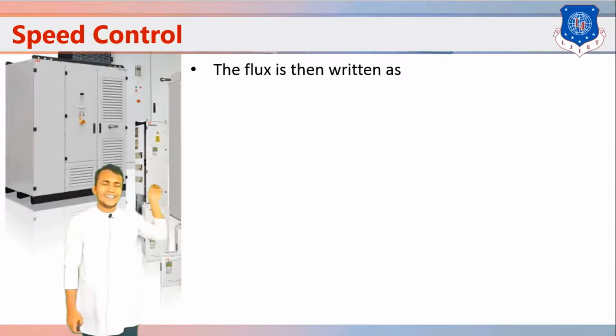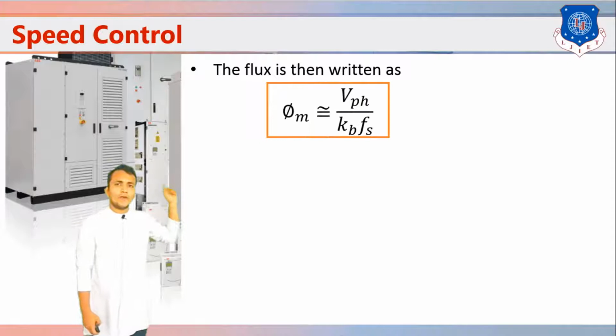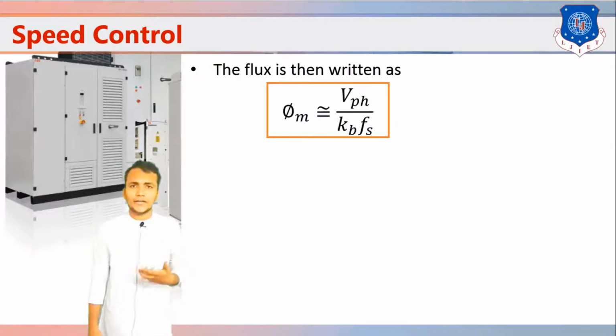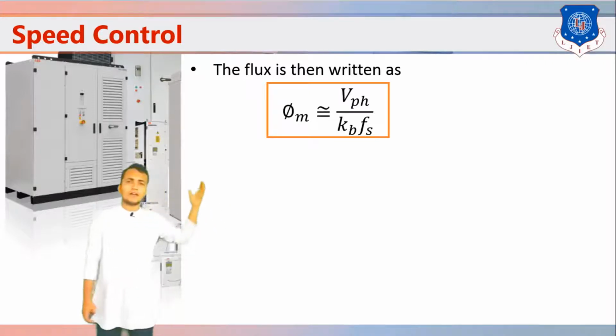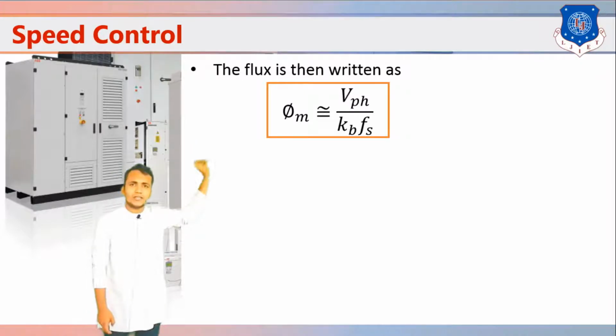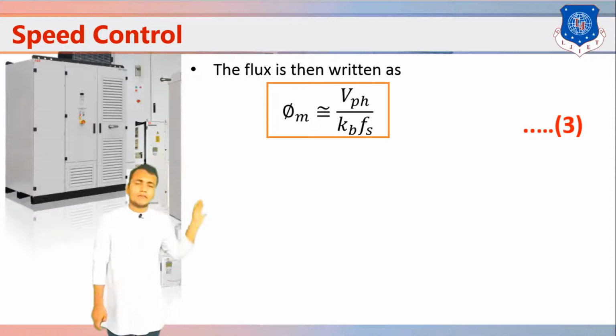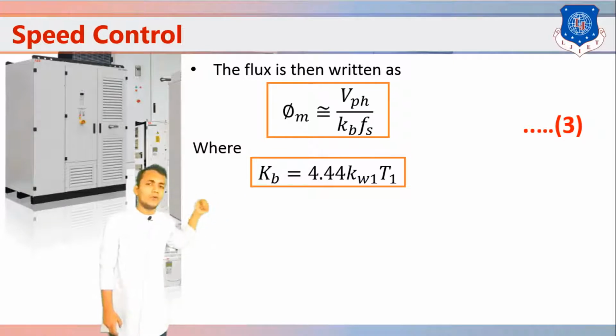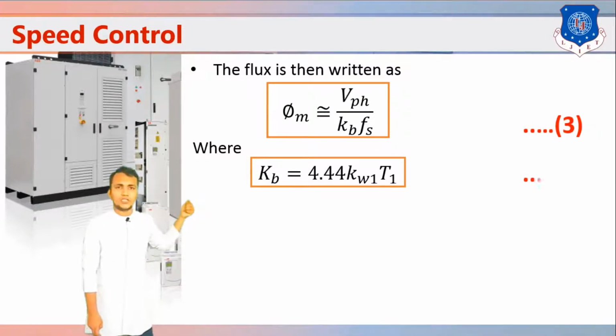Now the flux is written as phi m is equal to V phase divided by kB into Fs, that is the supply frequency, and kB is one of the factors. In this way we can write this, because flux is equal to voltage divided by kB into Fs. That is equation number 3, where kB is equal to 4.44 kW1 into T1, that is equation number 4.